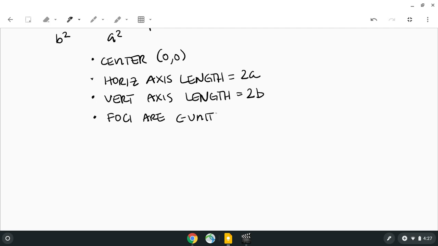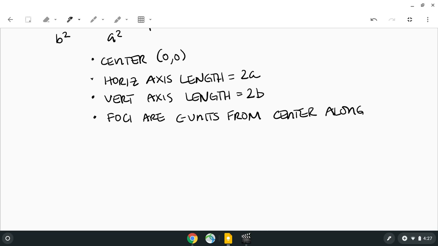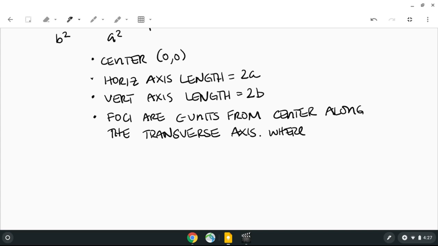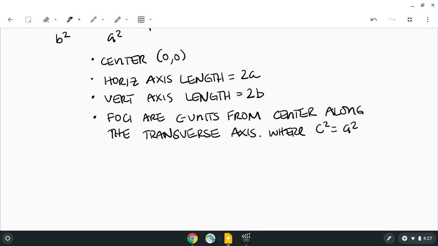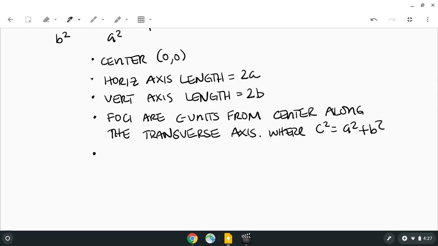So C units from the center, again, along the transverse axis, and where C squared equals A squared plus B squared. Okay, so everything is still the same.